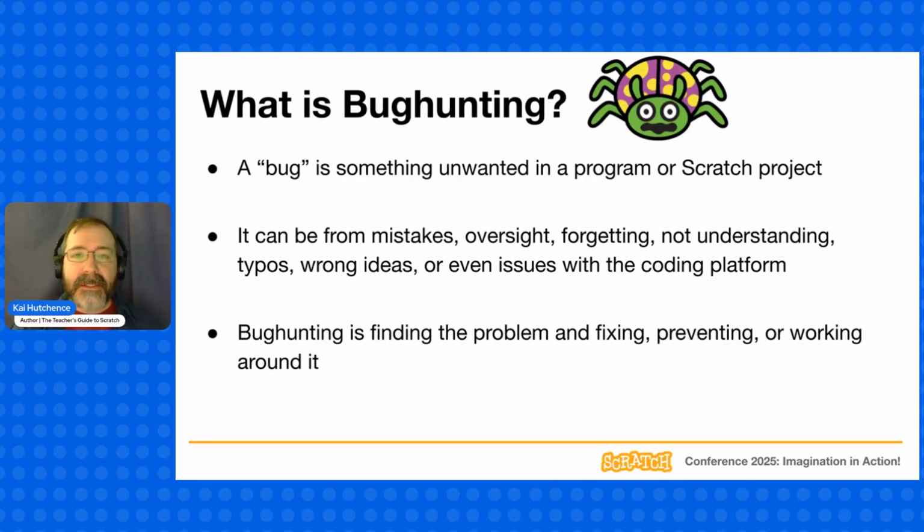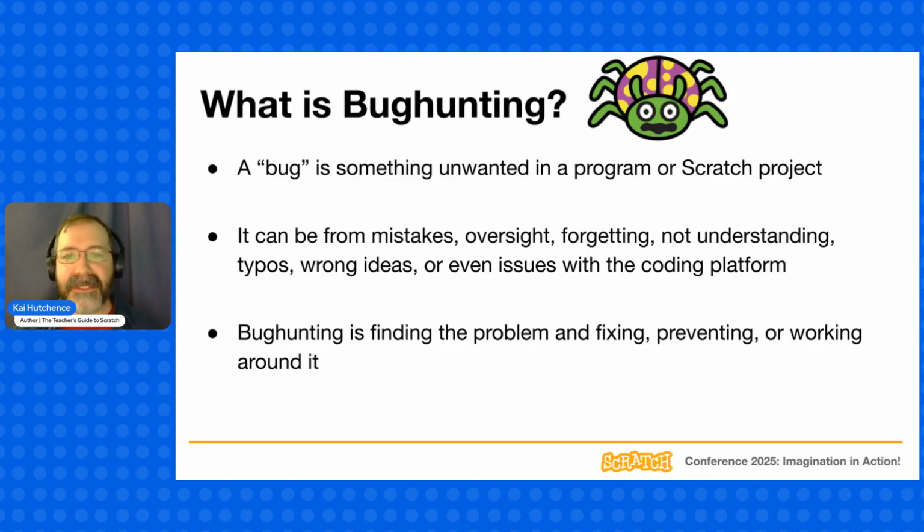So this is all about bug hunting. A bug is something that is unwanted in a program or project. It can be something going wrong, something not showing up, something moving the wrong way, a sequence going wrong, whatever it is. That can happen for a whole bunch of different reasons.